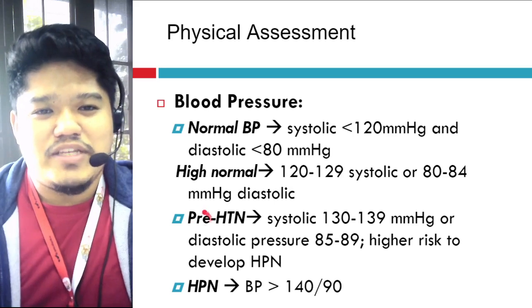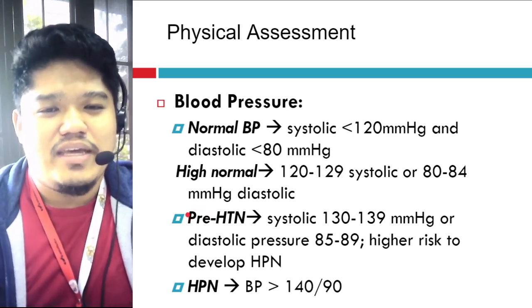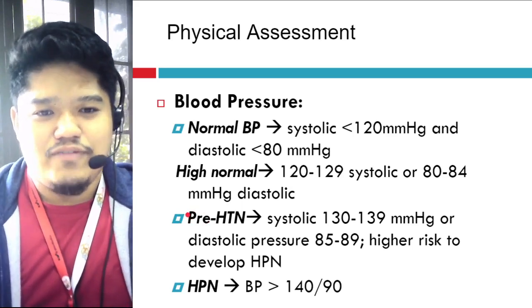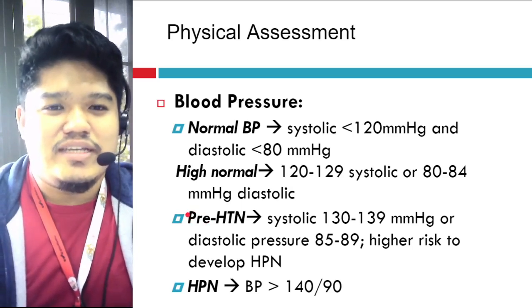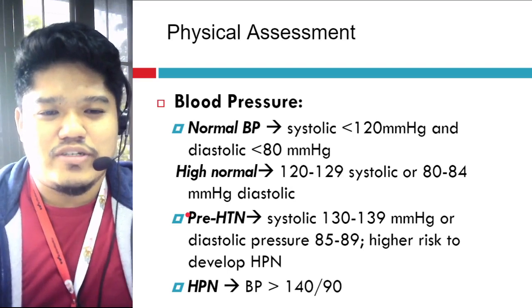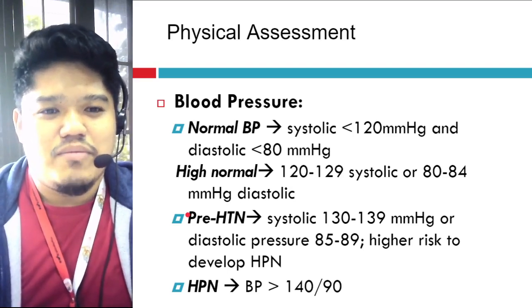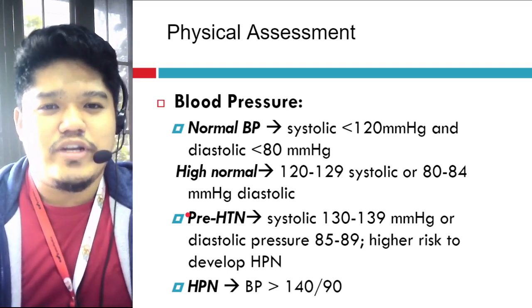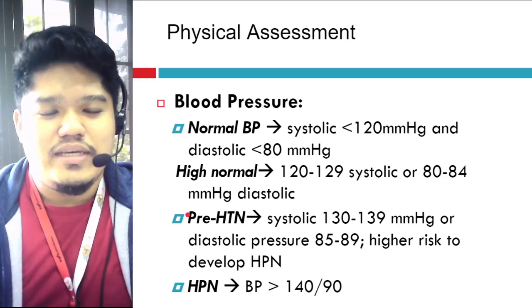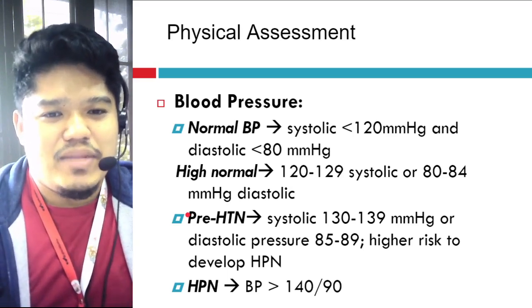Usually, these patients with prehypertension have a higher risk or chance of developing hypertension. And of course, hypertension is considered when the blood pressure of the patient is more than or equal to 140 over 90 millimeter mercury.